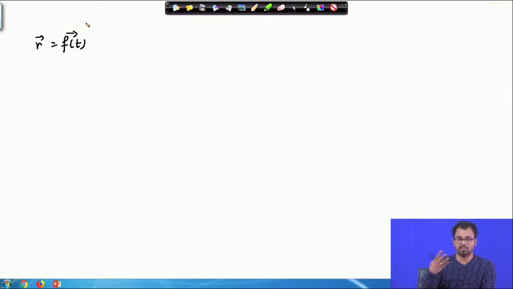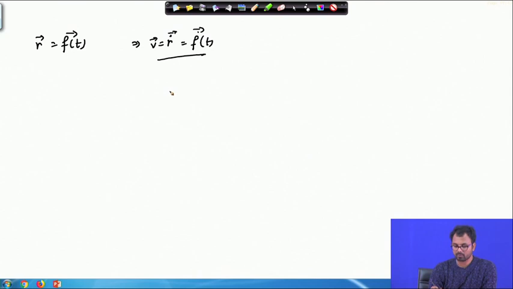And if we have a given curve r equal to f(t) as the equation of the curve, then velocity dr dt is equal to f dot t, and that is how we calculate the velocity of the given point p on a curve r equal to f(t).